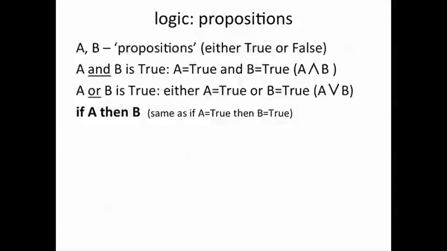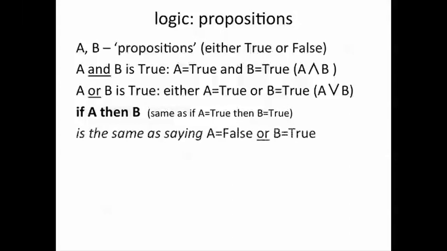If X is the president of C, then X is a leader of C. Well, the really important part about logical reasoning or classical logic is that saying that if A then B is exactly the same thing as saying that either A is false or B is true.